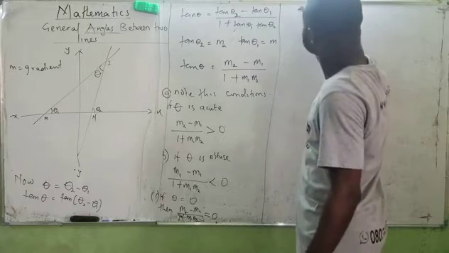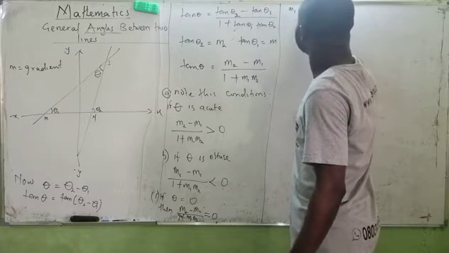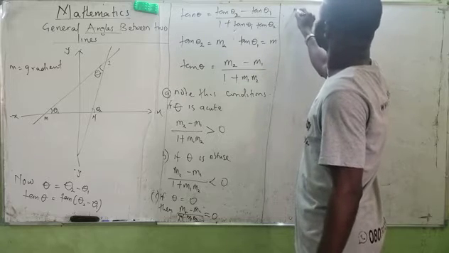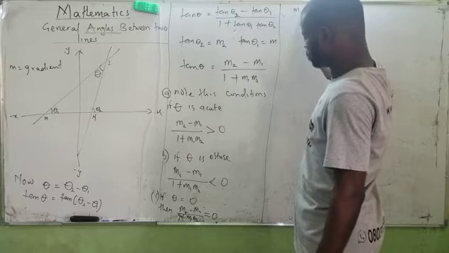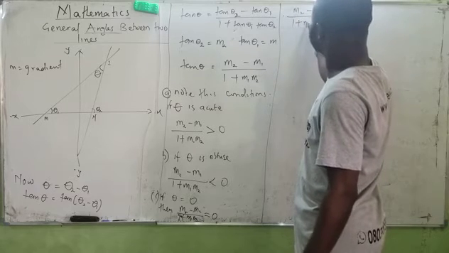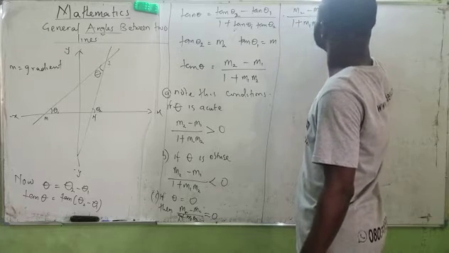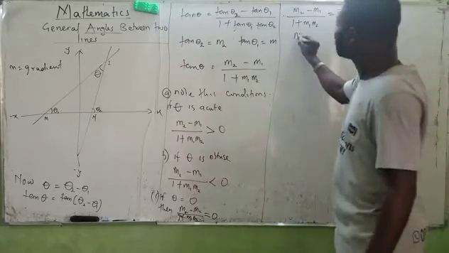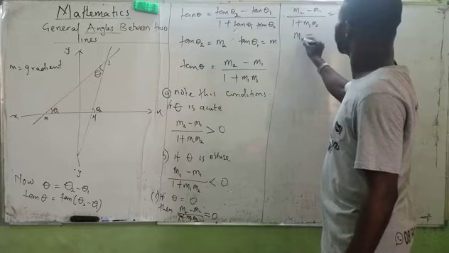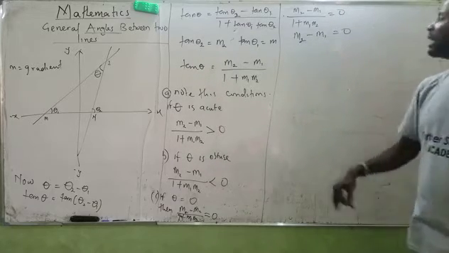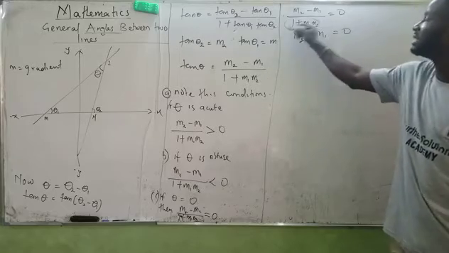From here we have (M2 minus M1) divided by (1 plus M1 M2) equals 0. Now, for this to be equal to 0, M2 minus M1 will be equal to 0. If the denominator is 0, it's another thing entirely.